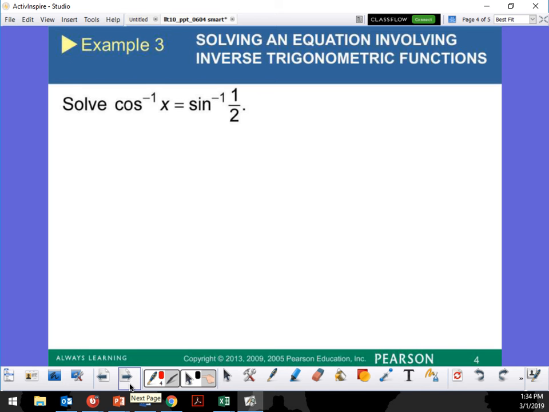Involving inverse trig functions for this one right here. So it's saying that where these two are going to be equal, inverse sine x. So this one right here has my variable. This one right here has my numbers. So that's my triangle. Sine is 1 over 2.